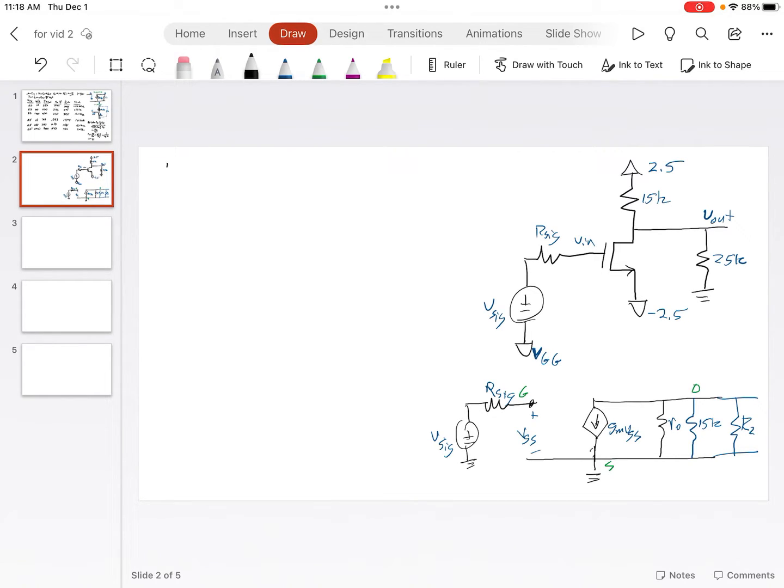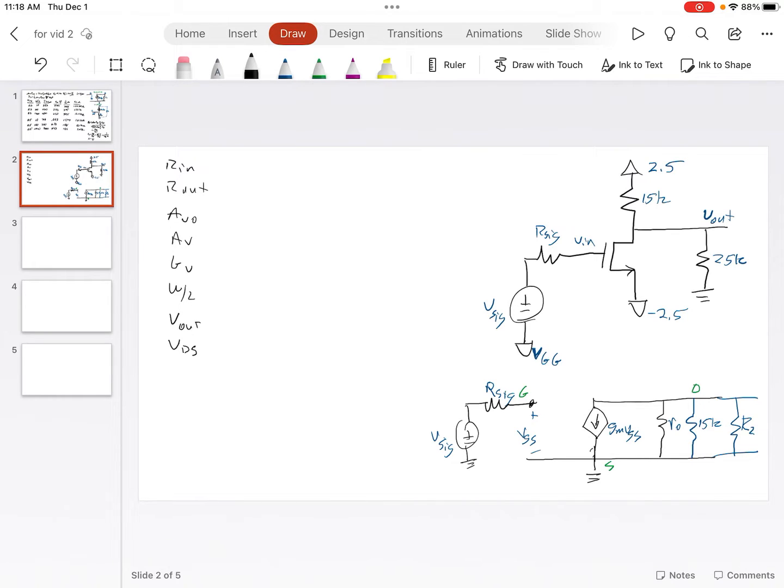So we'd always want to find R in, R out, Av naught, Av, Gv, W over L. We'd like to know what the voltage V out is, or the voltage between the source and the drain is.